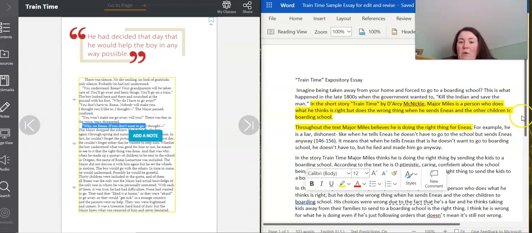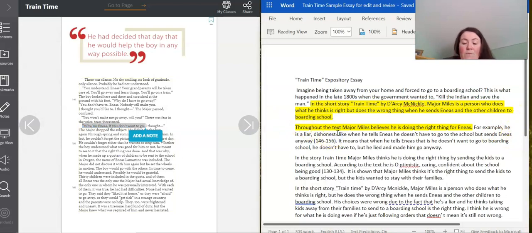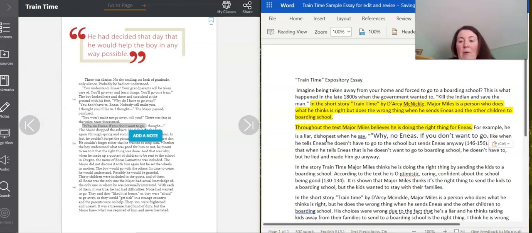For example, he is a liar and dishonest when he says, comma before every quote, quotation marks, pop in my quote.